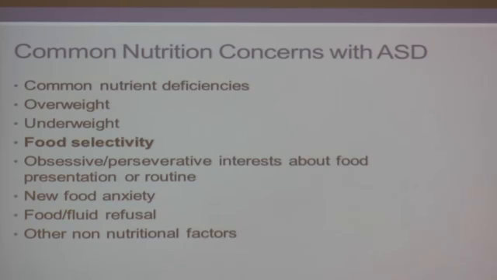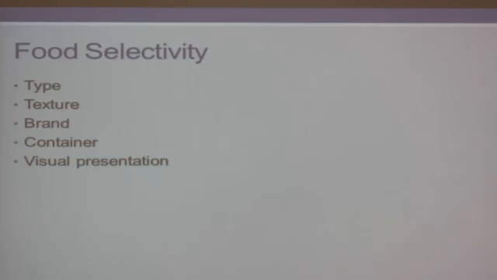All right, food selectivity. When we started out, a couple of you indicated that food selectivity was certainly a challenge with kids with ASD. Some kids might show food selectivity over the type of food.